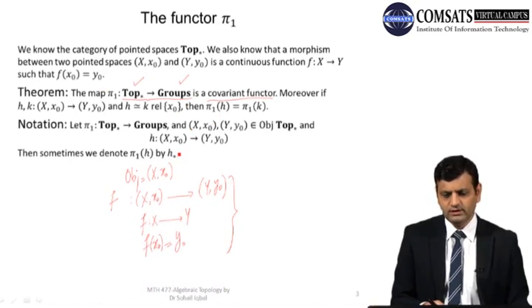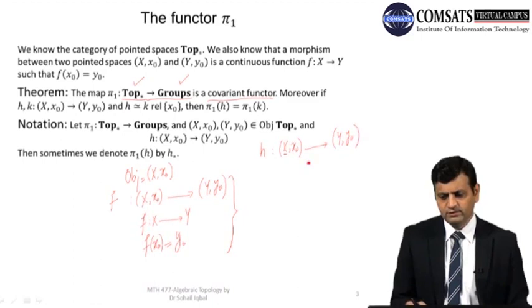There is a little notation that we use. If we have a continuous function h from (X, x naught) to (Y, y naught), of course h of x naught is equal to y naught, then pi1 of h is going to be a function from the group related to the first topological space to the group related to the second.